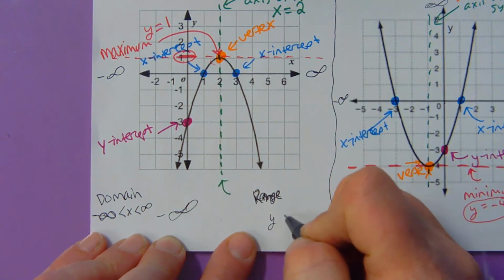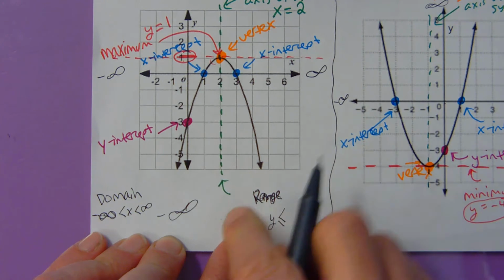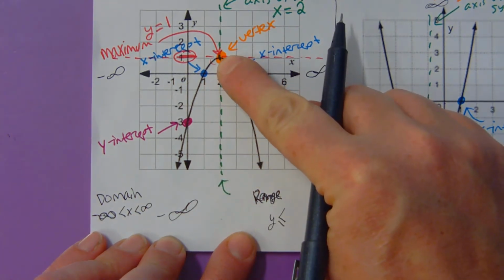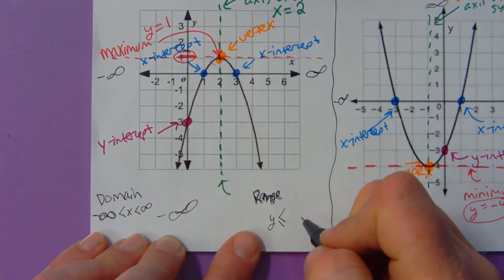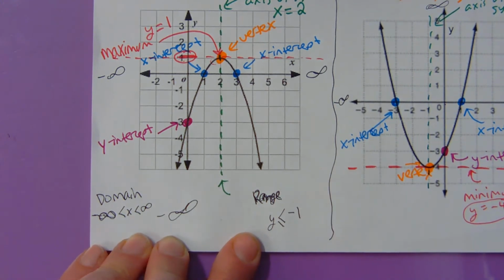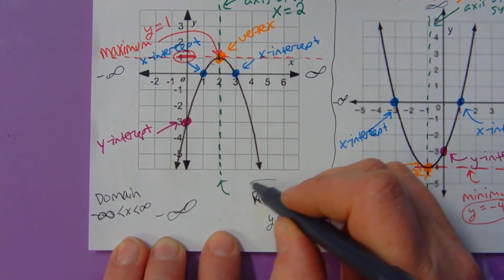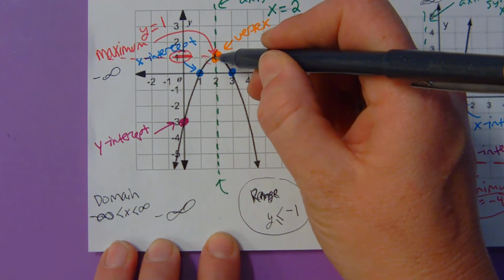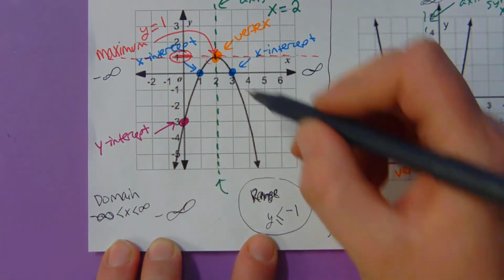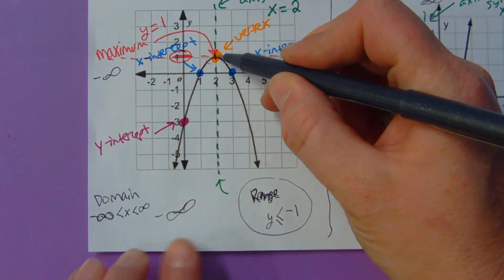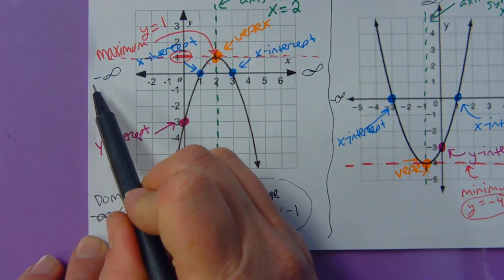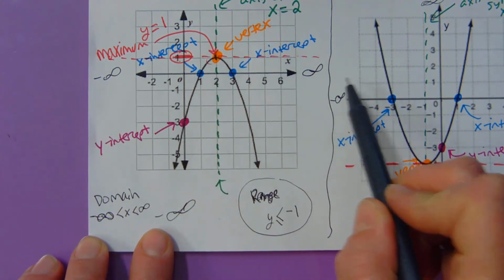So we just say y is less than or equal to, because it equals 1 right here. So y is less than or equal to negative 1. So the range is from negative 1 down, so my y values are less than or equal to negative 1. And the domain is from all the way negative infinity all the way to positive infinity.